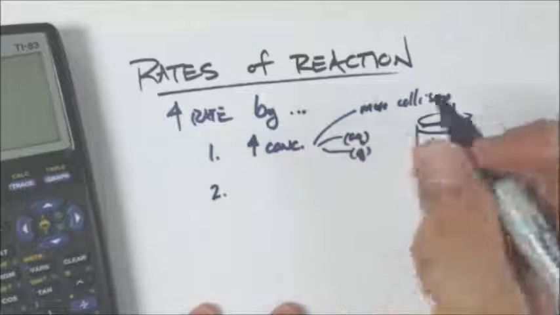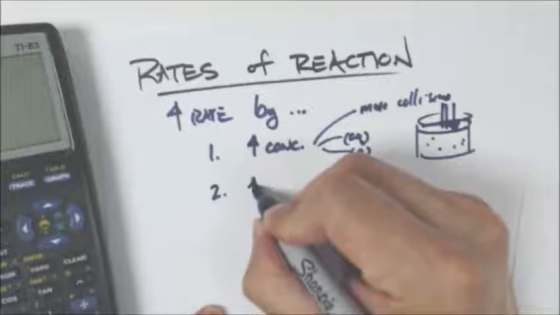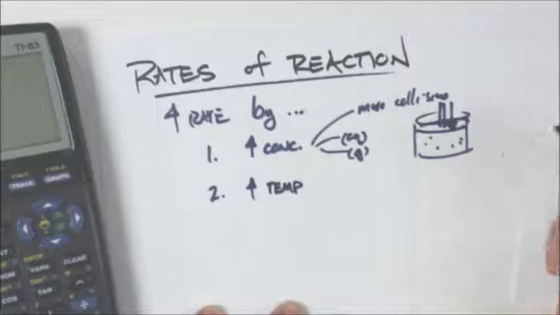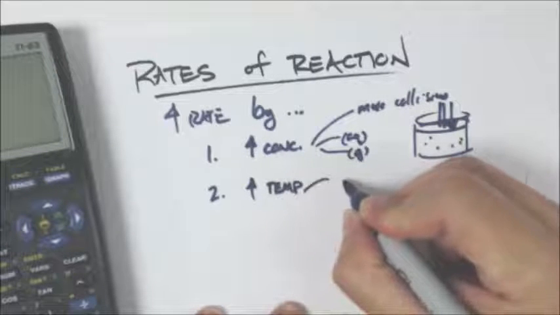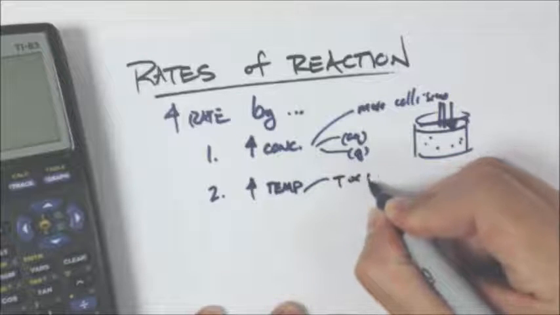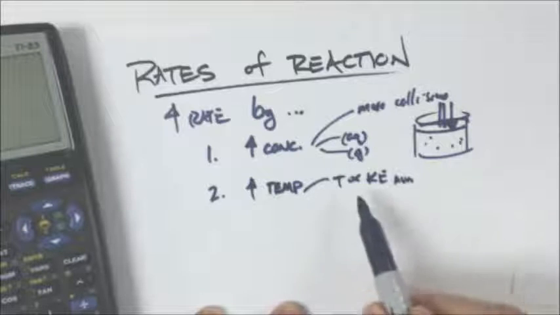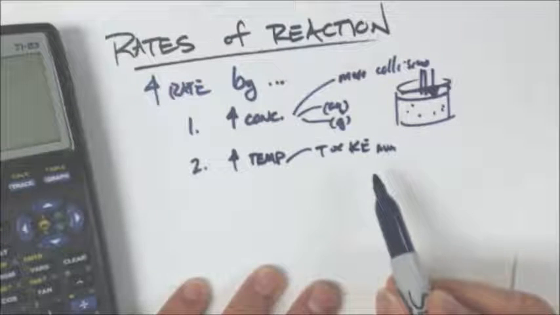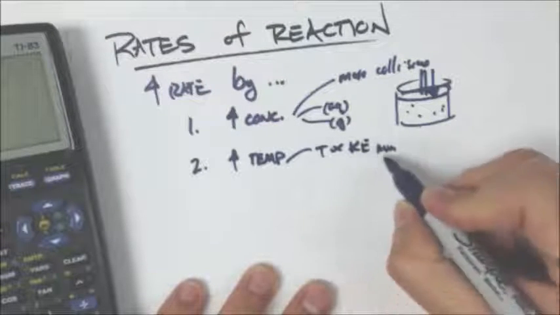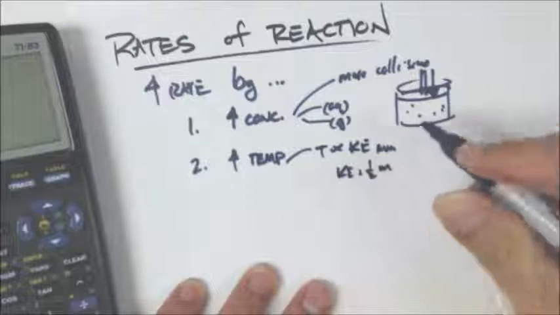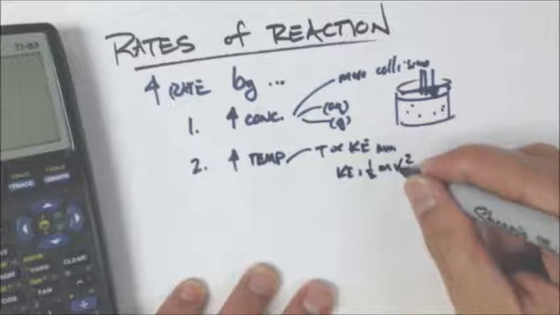The second point is the increase in the temperature. By increasing the temperature, remember from kinetic molecular theory that temperature is proportional to the average kinetic energy. And so with an increase in the temperature, you get an increase in the average kinetic energy. That means, since kinetic energy is 1/2 mv squared, that the molecules are going to be moving faster.